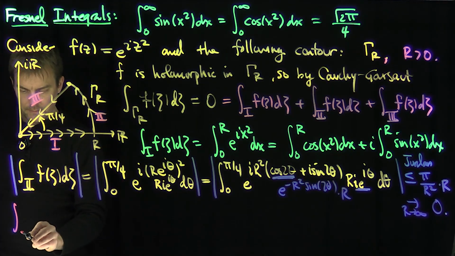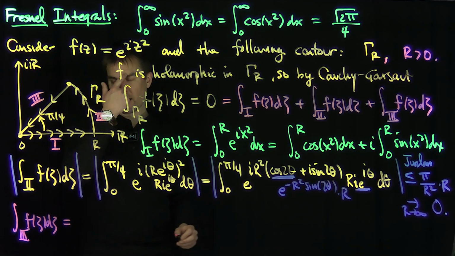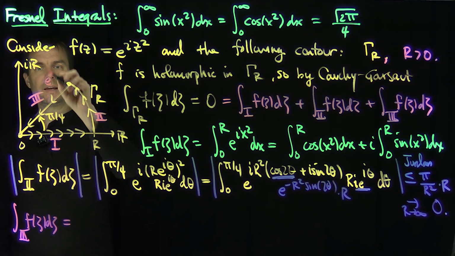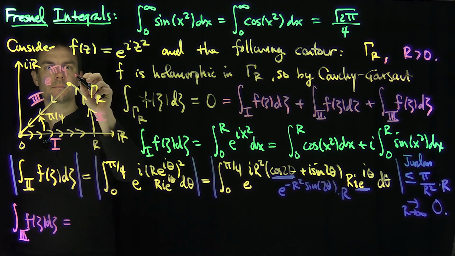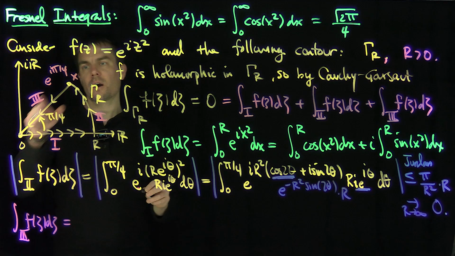On 3, what does the integral of f of zeta d zeta do? Well, I really start at, this 3 is parameterized by e to the i pi over 4, and then I'm just going to move along that phase, and then I'm just going to have an x, where x goes between r and 0, right?